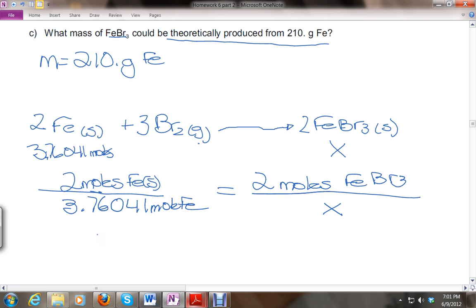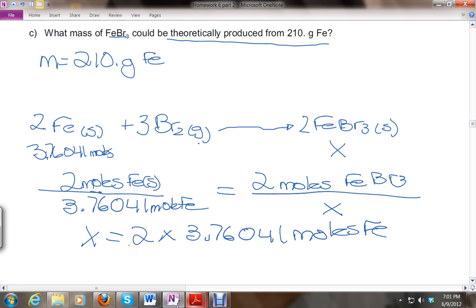The 2 and the 2 cancel out, and moles of Fe and moles of Fe, so it's going to be the same.